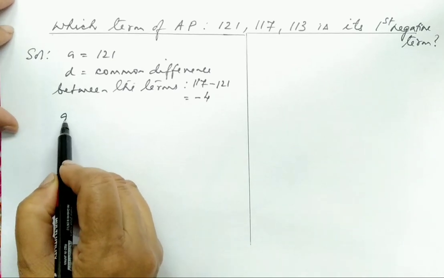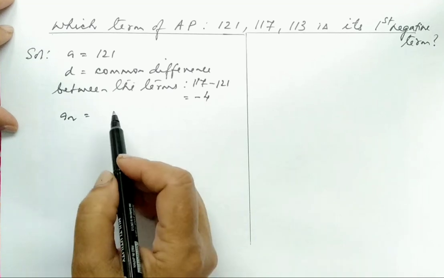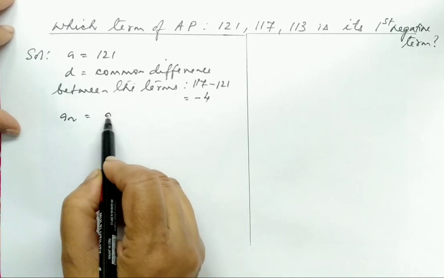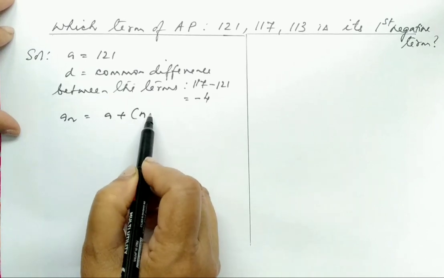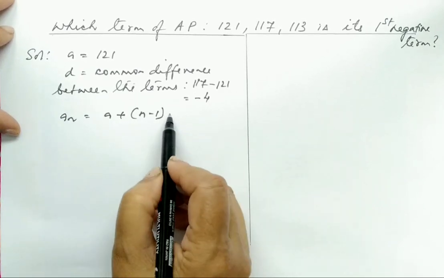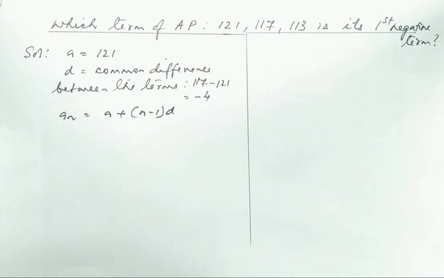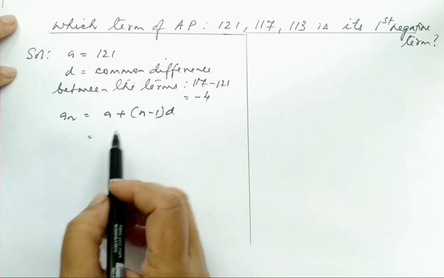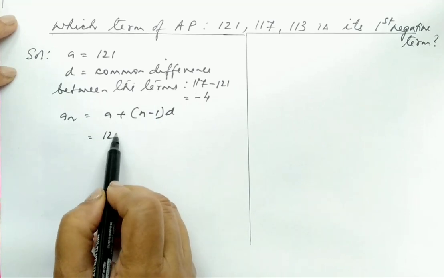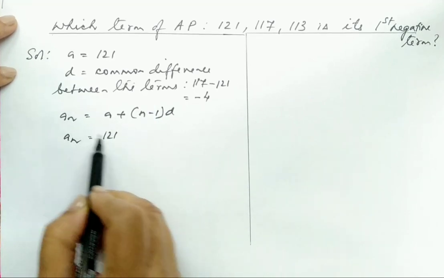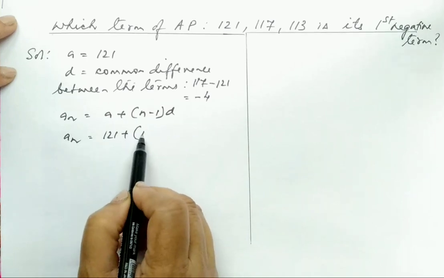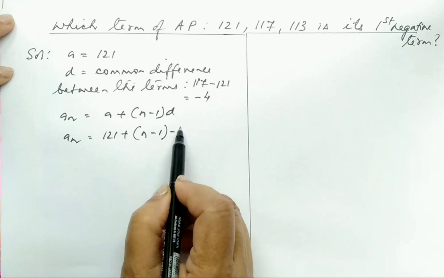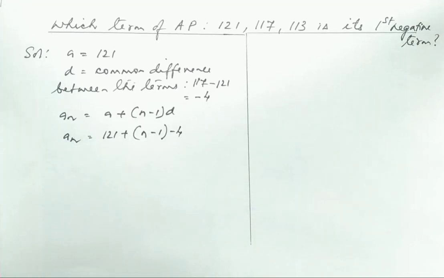So we know that a_n is equal to a plus (n minus 1) d, isn't it? In this case we have a as 121, n we do not know, which is what we are trying to seek, and d is minus 4.